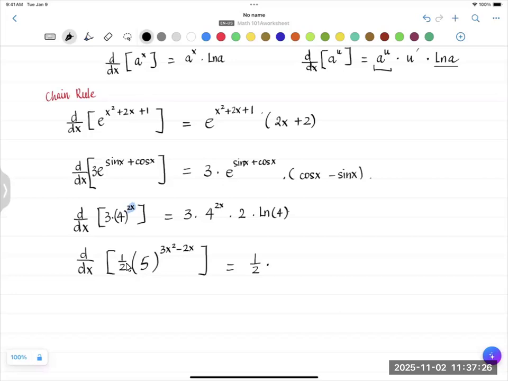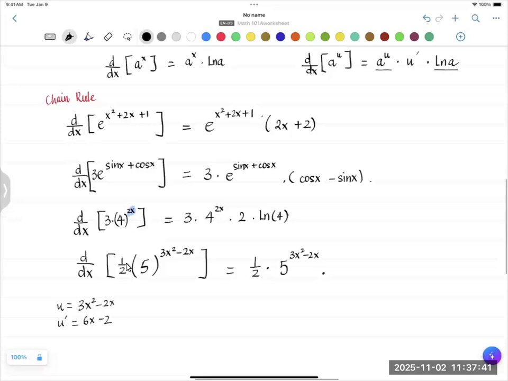And then now we have a^u, which is 5 to the power 3x squared minus 2x, times u prime. So u is 3x squared minus 2x, and u prime is 6x minus 2. So times 6x minus 2, and then times ln a, where a is 5, the base. So ln of 5.